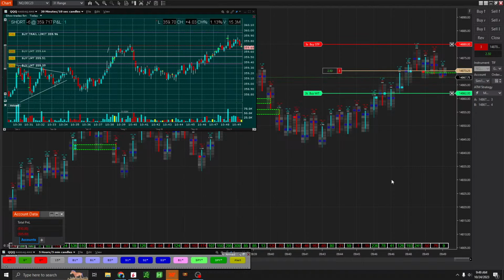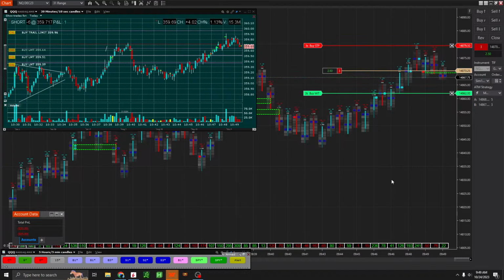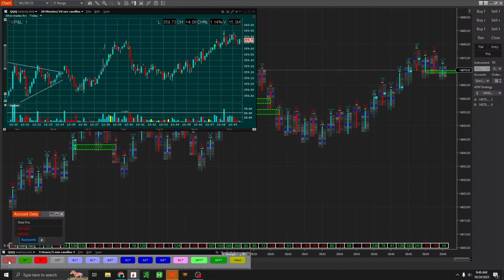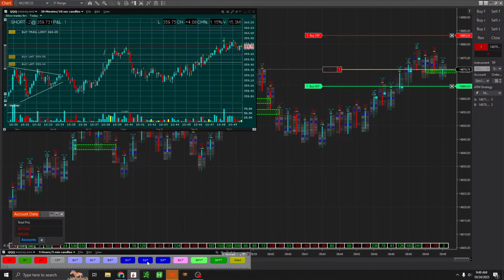Alright, the daily candle doji is starting to look like it wants to flip green. Order filled. Hmm. Order filled.